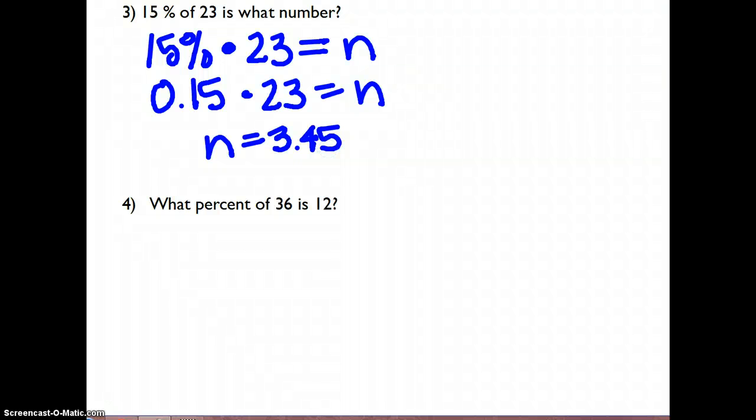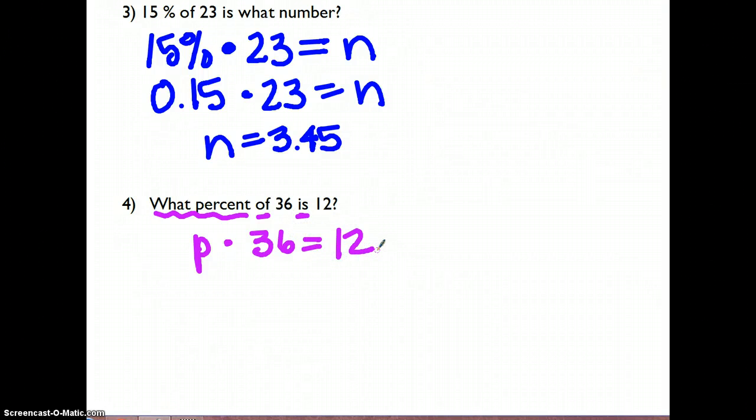Next one, what percent? So what percent is P. Of is multiply. 36 is 36. Is equal. 12 is 12. Now I need to solve to get P by itself because I want P as a percent. So to do that, I need to do the opposite operation, and I need to divide both sides by 36.